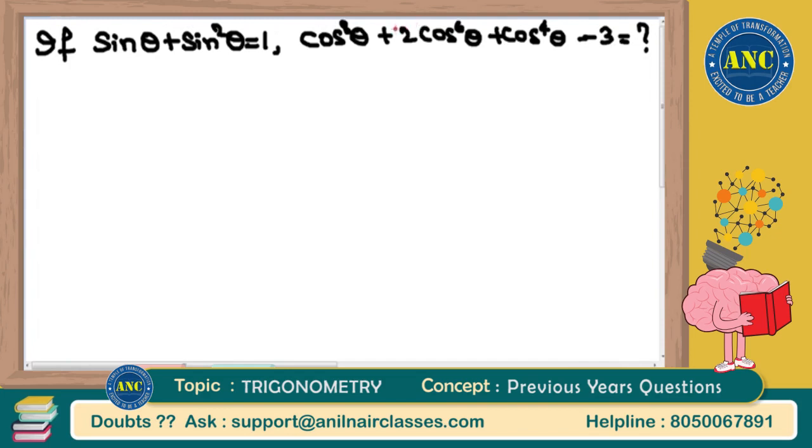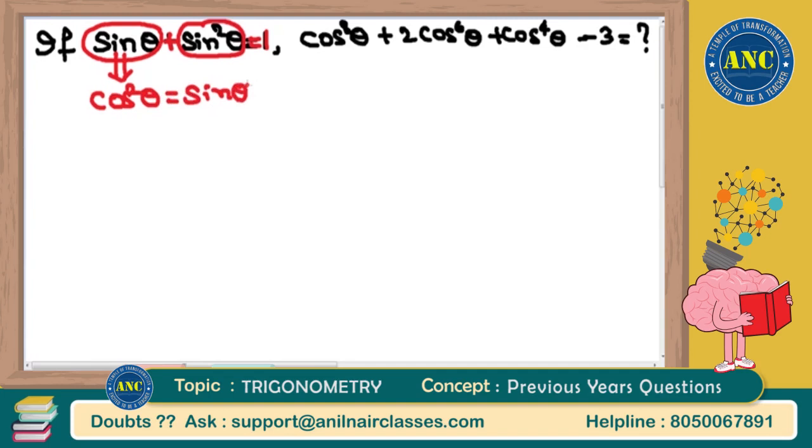Now the same logic I will implement. We know that cos square theta plus sin square theta is equal to 1. That means cos square theta is nothing but sin theta.